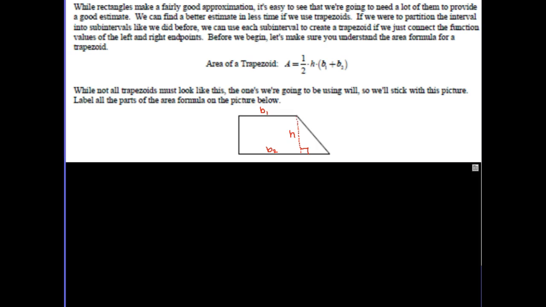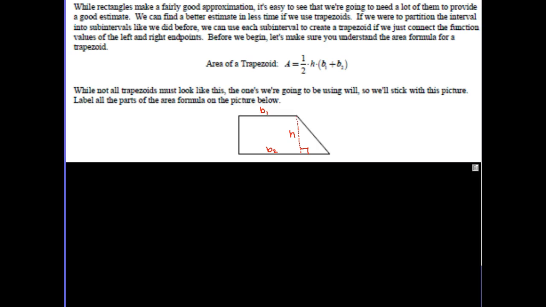It's easy to see that we're going to need a lot of rectangles to provide a good estimate. We can find a better estimate in less time if we use trapezoids. If we partition the interval into subintervals like we did before, we can use each subinterval to create a trapezoid, connecting the two function values.